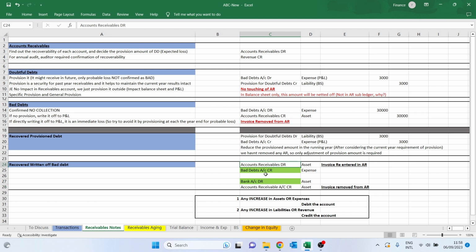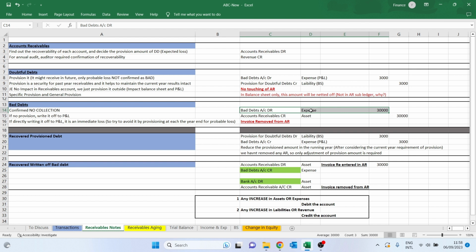For re-entering the accounts receivable, we will debit the accounts receivable because it is an asset and it is increasing. 30,000 will be debited, because we are going to receive this, and we are re-entering that invoice and showing it in the accounts receivable. And we are crediting the bad debts account because we have debited it here with 30,000.